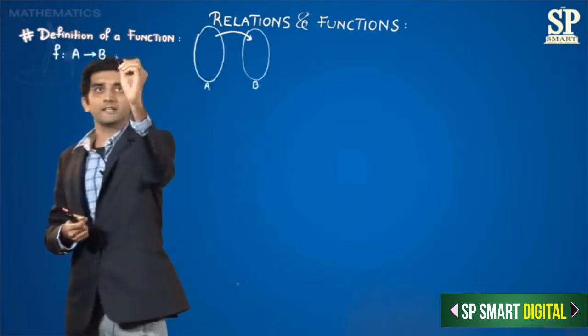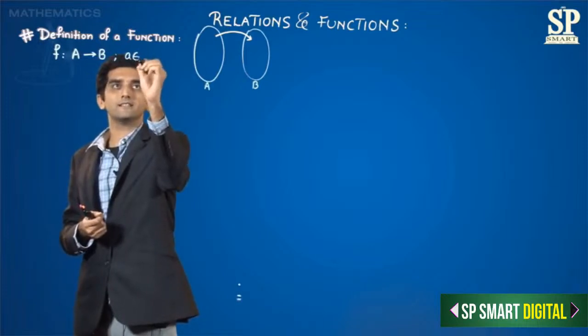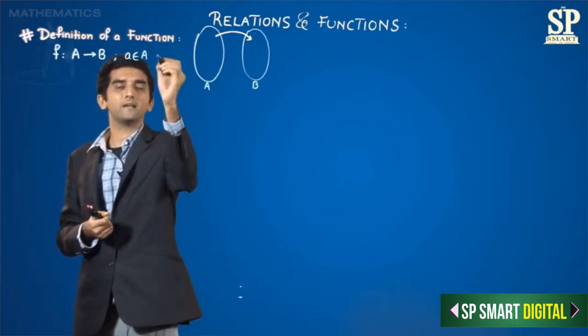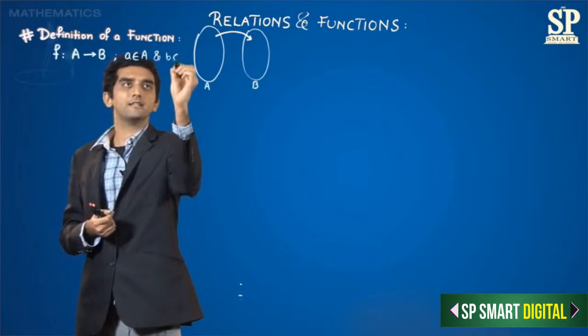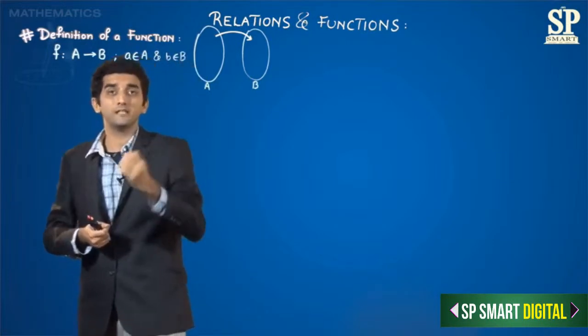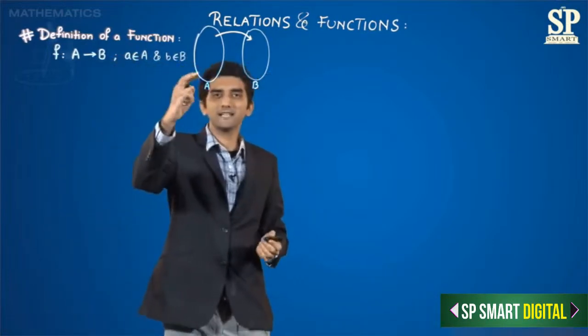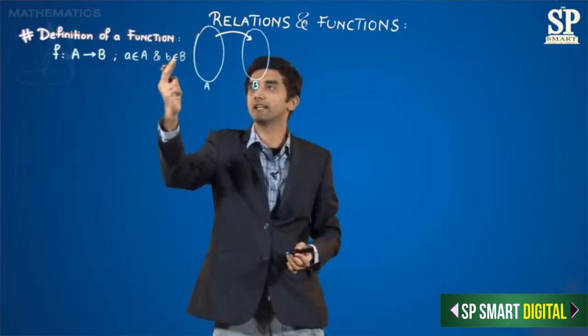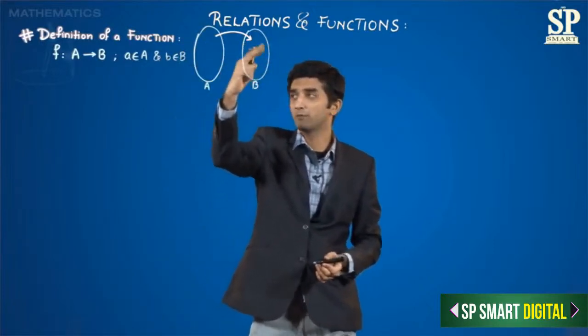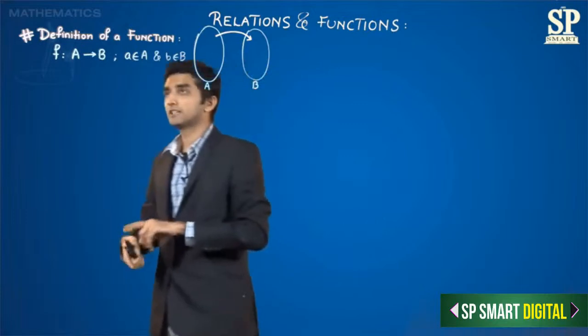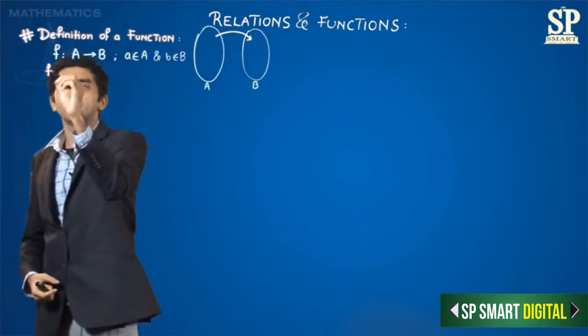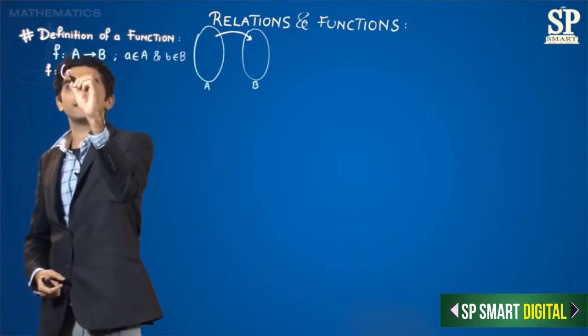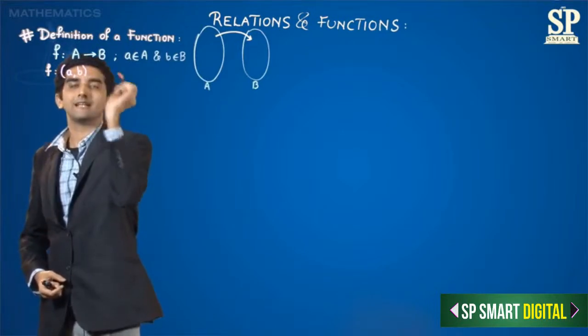Given that a is an element of set A and small b is an element of set B, function F has elements in the form of an ordered pair (a, b).